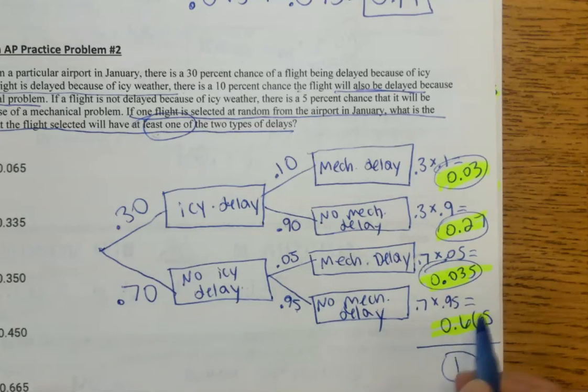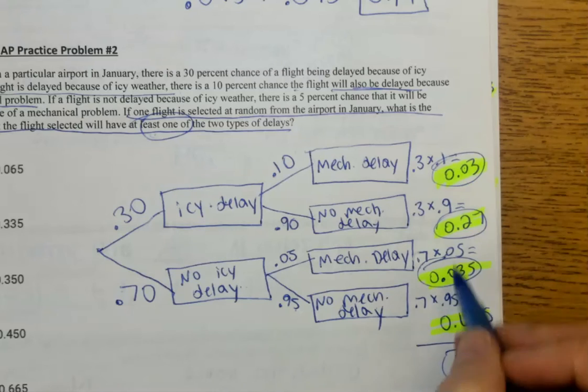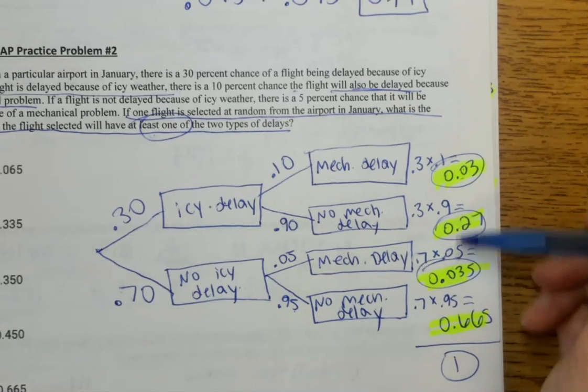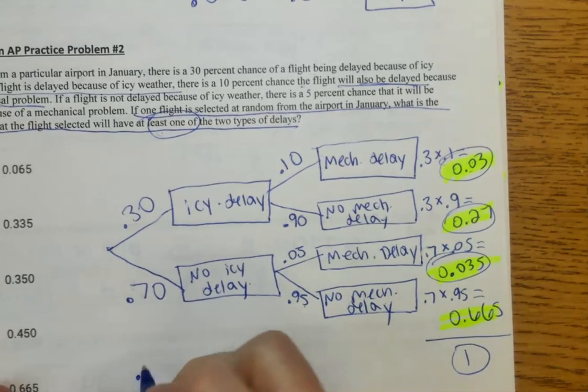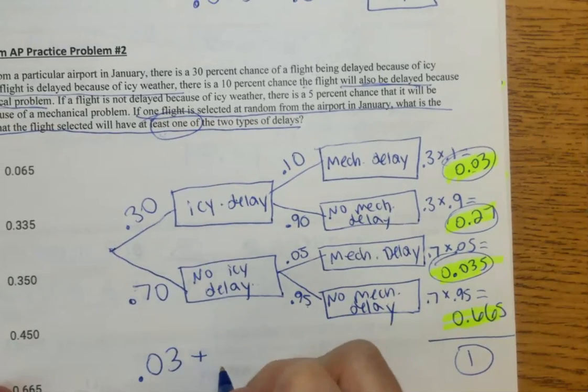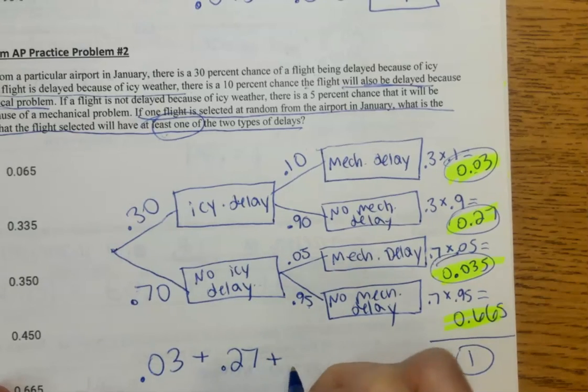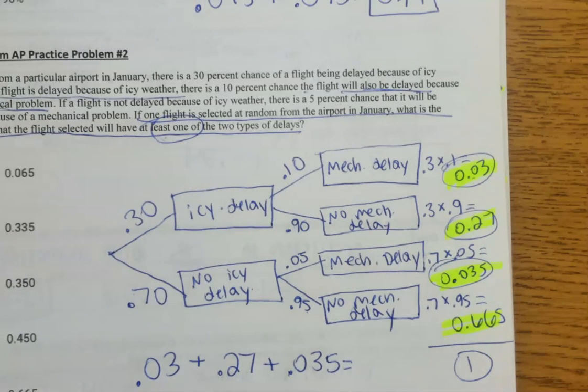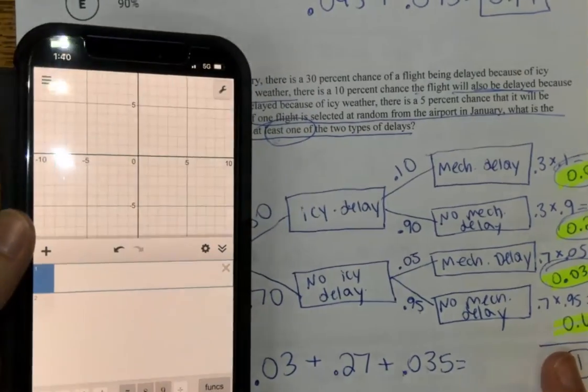So I don't need to worry about this last one. I'm just including these top 3. So these are my 3 situations. I could have this or this or this. Since it's or, we're adding. All right, so once we add those 3 together, that should give us our final answer.